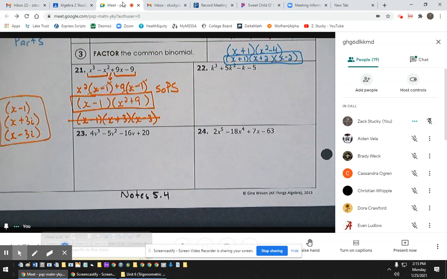Well, then you have to do it again. So these two, right? I want to take these in groups of the first two and the second two, and I want to leave this one.